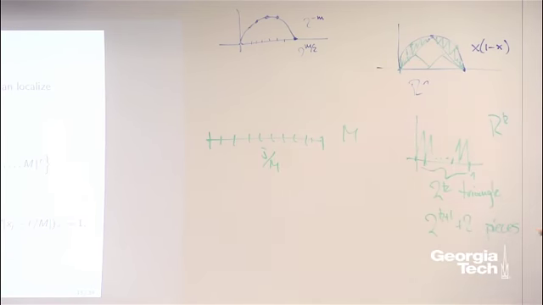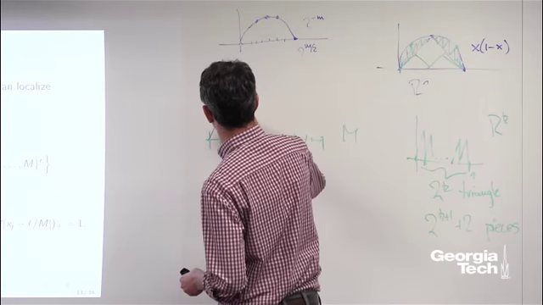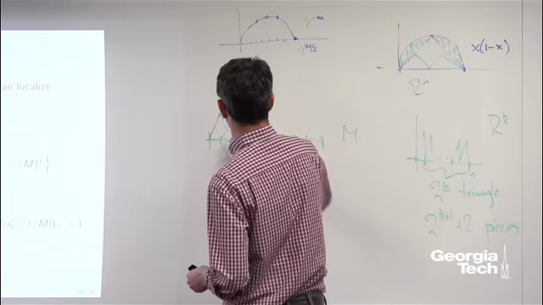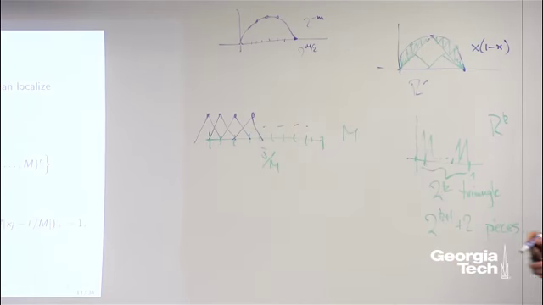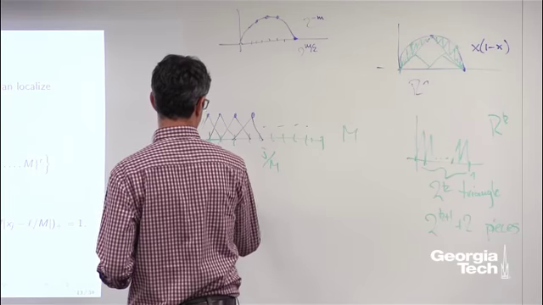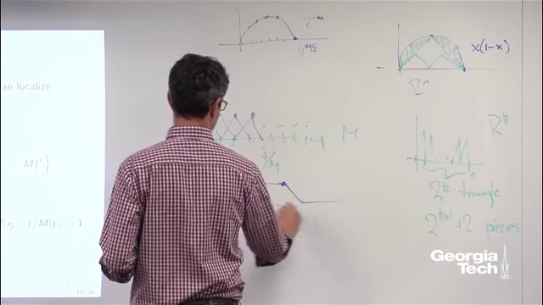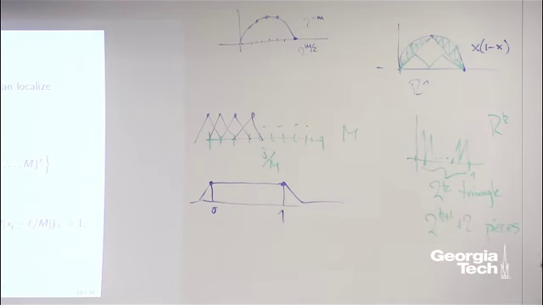Around each of these points, you build a triangle wave, and so on. If you now add up all these waves, what you get is this function, right? Here's 0 and here's 1. So it's the identity.